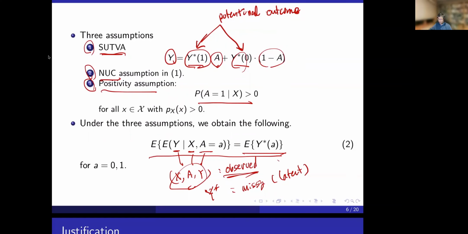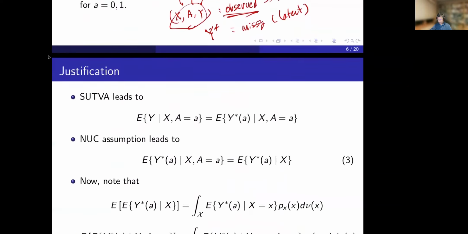You can call this identification. You can identify this quantity from the observed data. That is the identification condition.